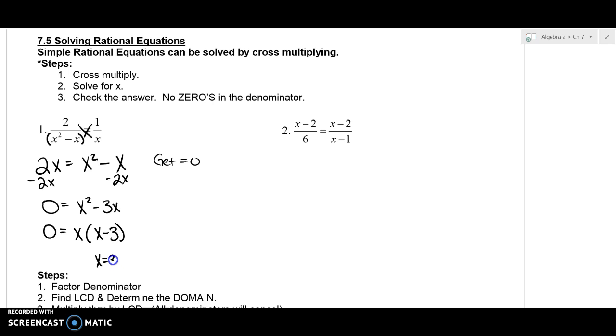Positive 3, because positive 3 minus 3 would give you 0. What value of x would make this first x equal 0? Think about what I just said. What value of x would make x equal 0? 0. So your two solutions are 0 and 3.